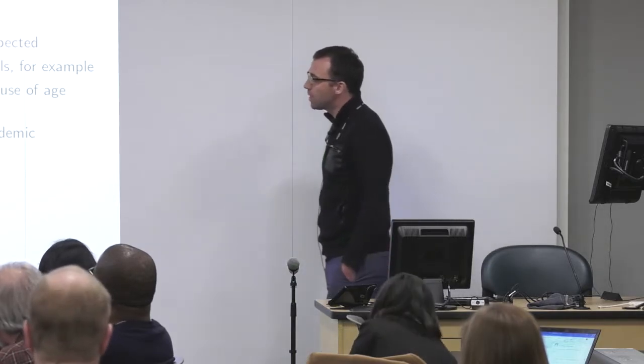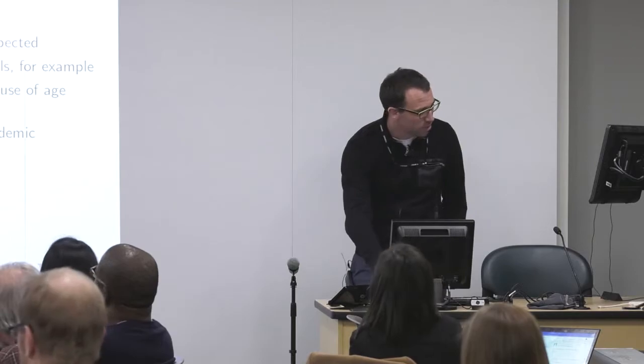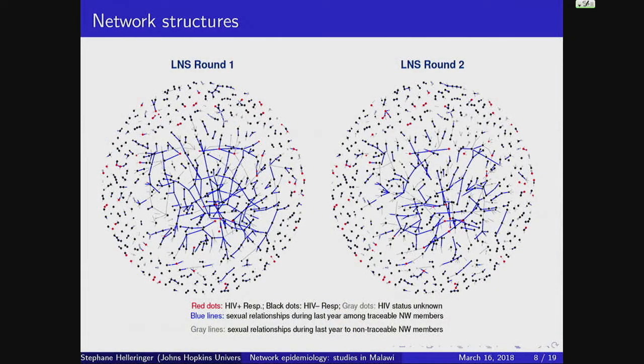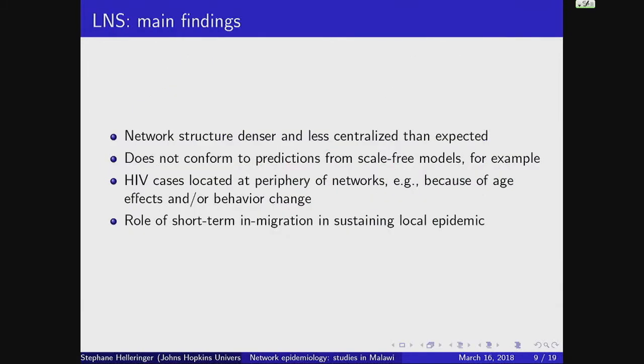Then the other thing that we found, and you may see this on this picture, is that the HIV cases are very often located on the periphery of those networks, so not in the most connected components where all those lines appear, but rather on the periphery of those networks. And we found that this was due to a number of things, including an age effect.